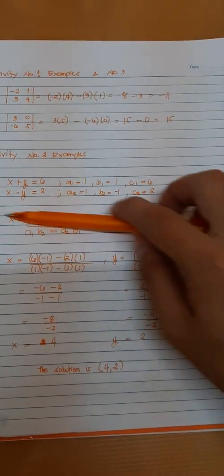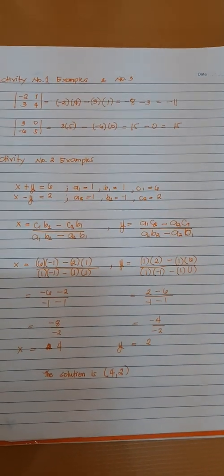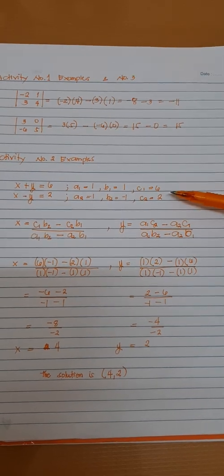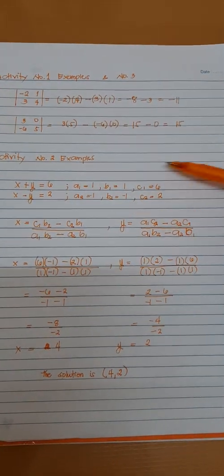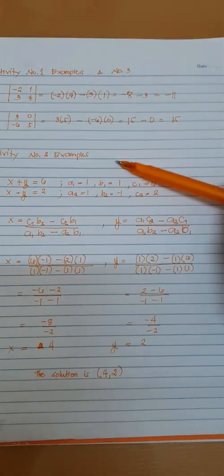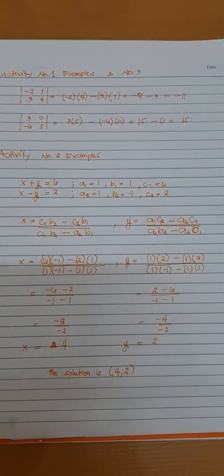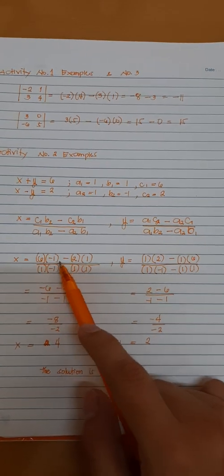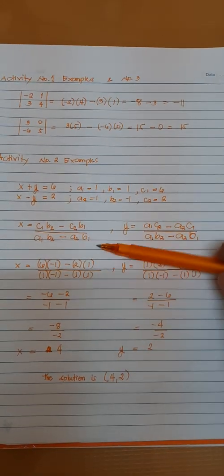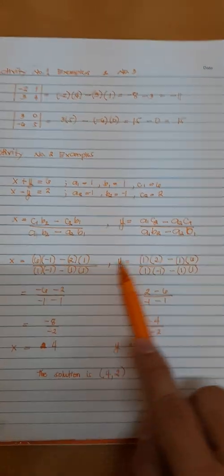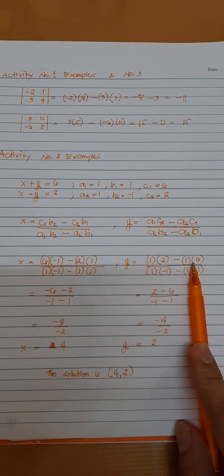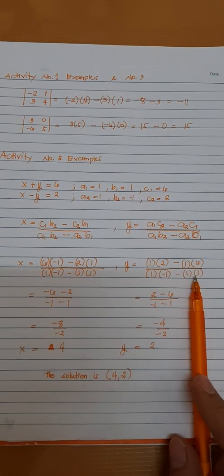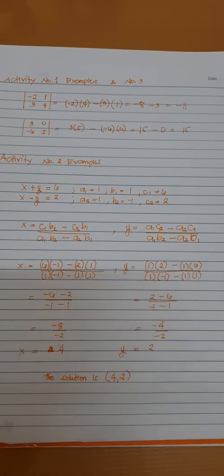So since we have now the formula, all we need to do is just substitute the values that we identified in the upper portion of our equation here. So we have 6 times negative 1 minus 2 times 1 and so on. All we need to do is just substitute the values and do the process.